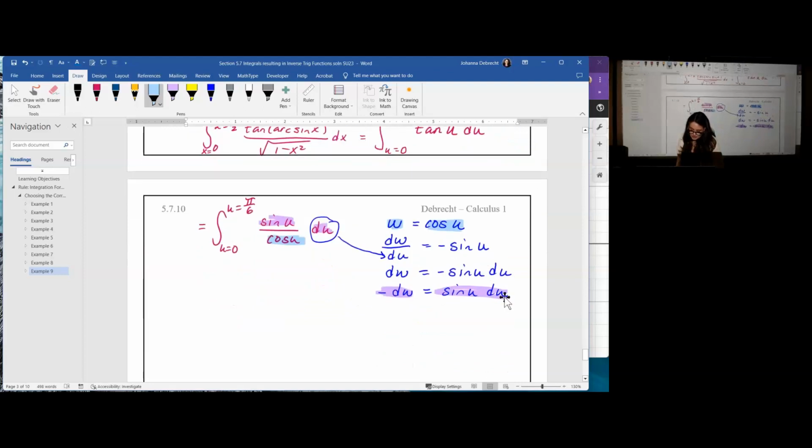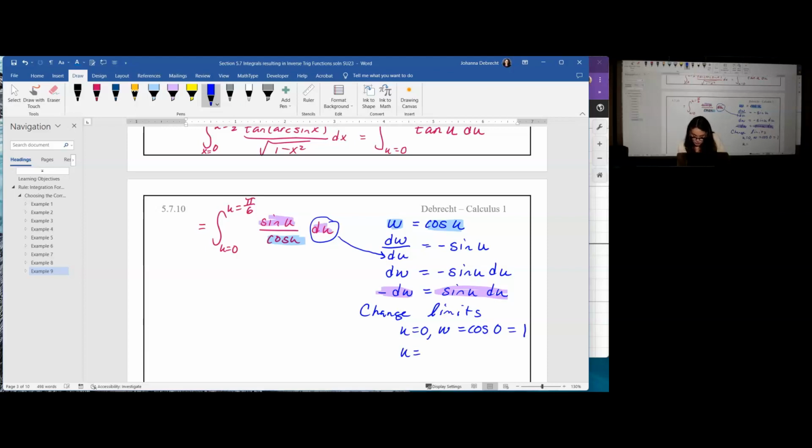When I look at these, I have w equals the cosine of u. So again, I'm going to change my limits of integration. When u equals 0, w, which is the cosine of u, becomes the cosine of 0. But the cosine of 0 degrees or 0 radians is 1.